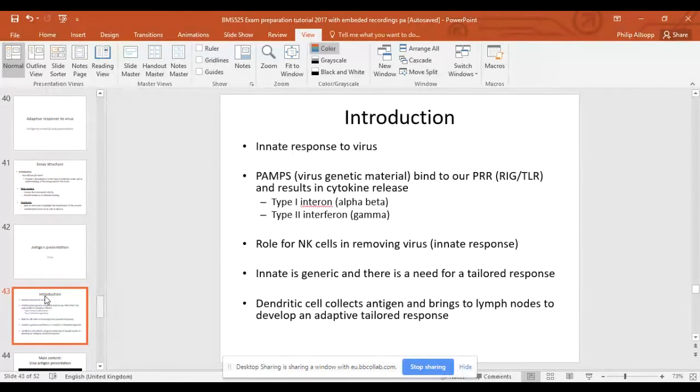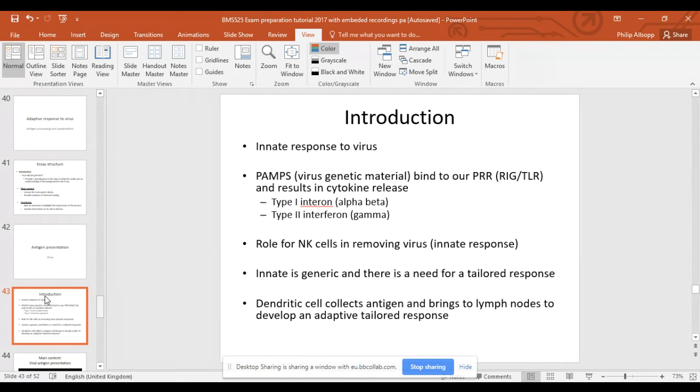At that point, what you're going to talk about is that the virus overcame the physical and chemical properties, and the PAMPs from the virus bound to pattern recognition receptors. It would be useful if you could include examples of viral pattern recognition receptors, such as RIG and TLRs.